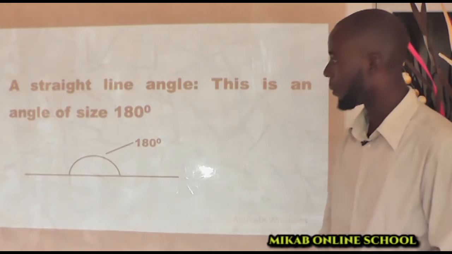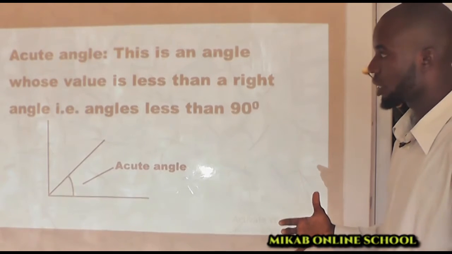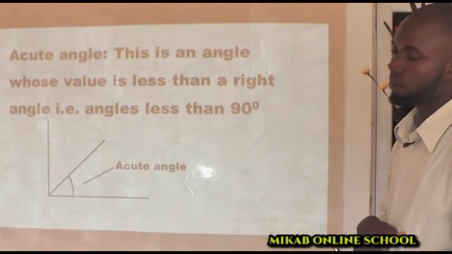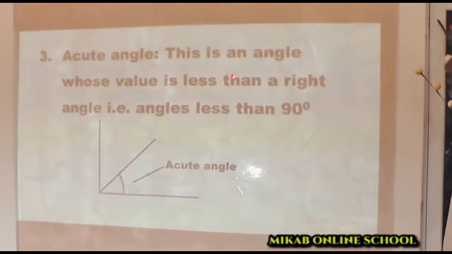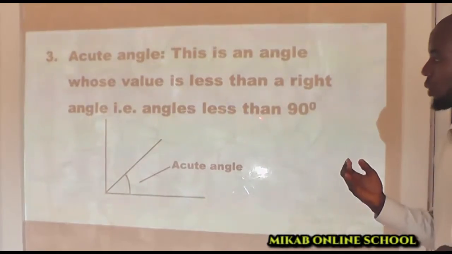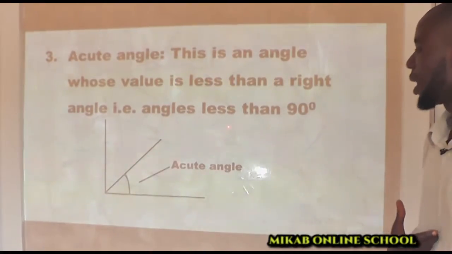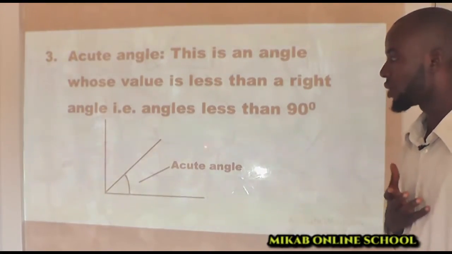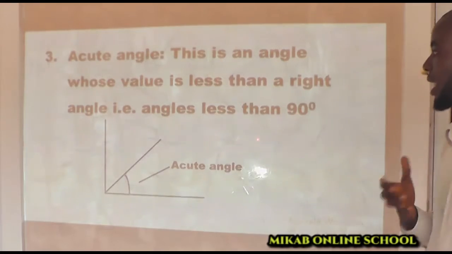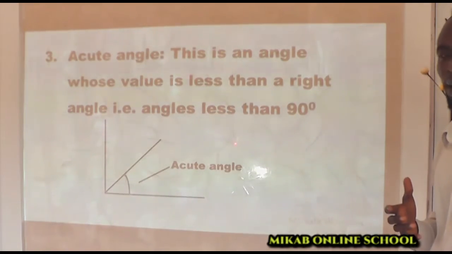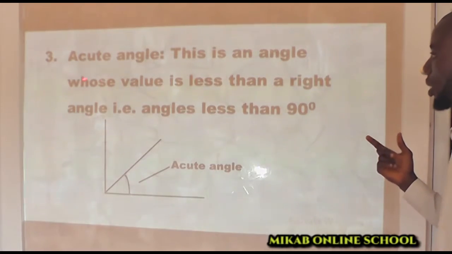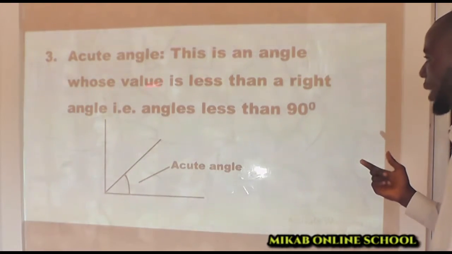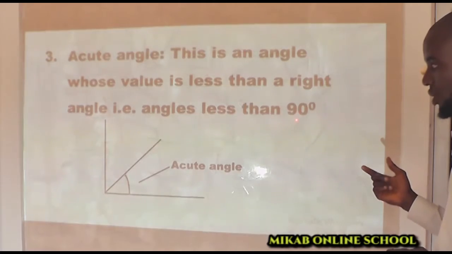And the next example is acute angle. An acute angle is an angle whose value is less than a right angle, that is, an angle less than 90 degrees. If you are talking about a right angle, you are talking about 90 degrees.